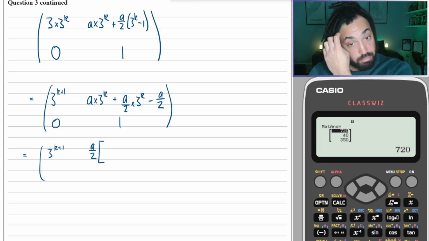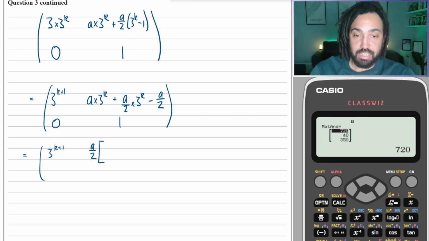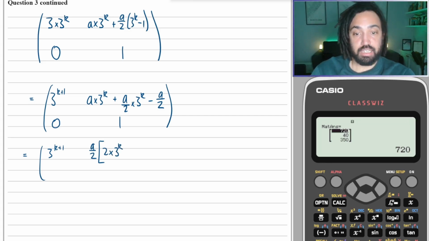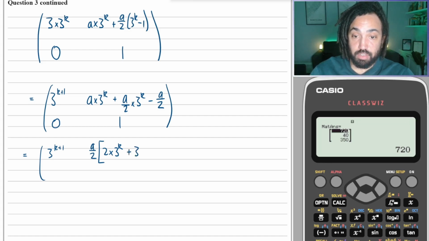The first term is times the a, so I'd have to times it by 2 in order to cancel out that half. So it would be 2 times 3^k, because the 2 and the half cancel, and then you've just got a times 3^k, which is what we want. The next term we can take out that a/2, and we're left with 3^k. And here, we can take out a/2, which leaves us with 1, so minus 1.